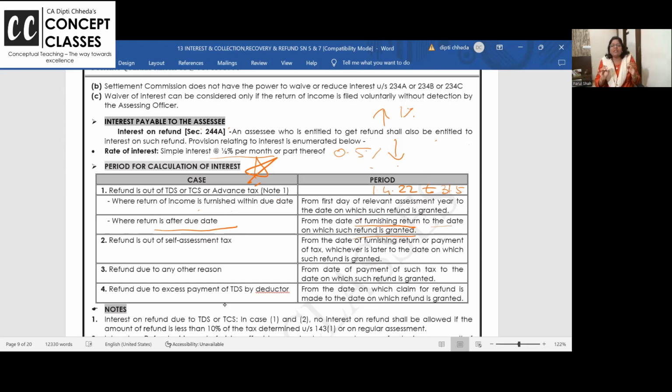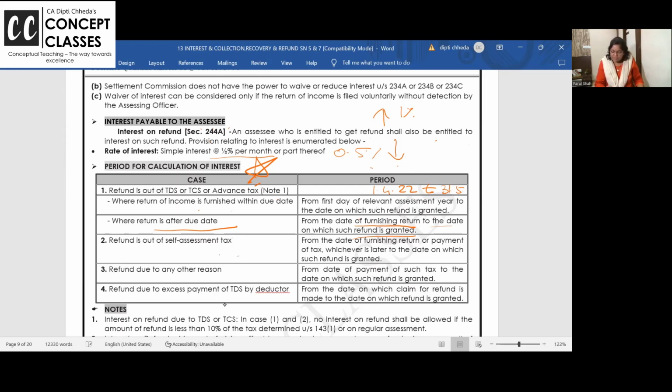Check the language. If you file the return on time, from 1st April till refund is granted, you will get interest. If you file the return late, say the July return you have filed in September, then from the date you have filed the return till the date of refund, only that period you will get 244A interest.